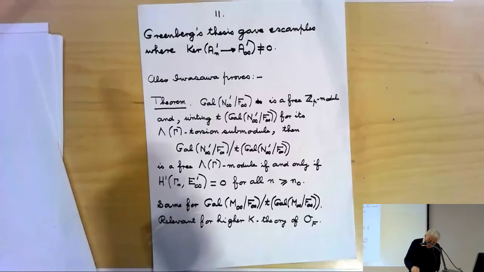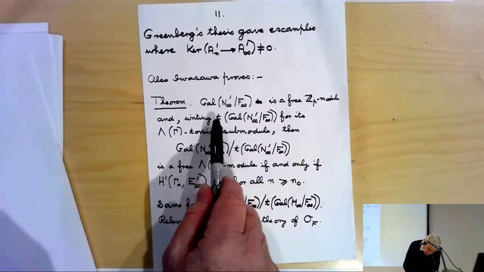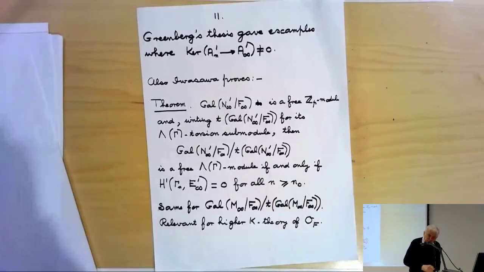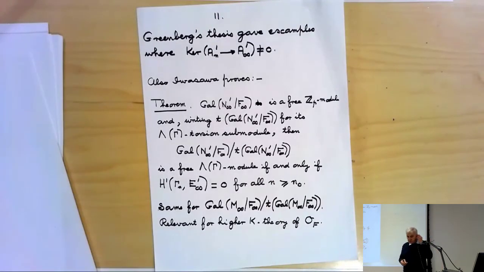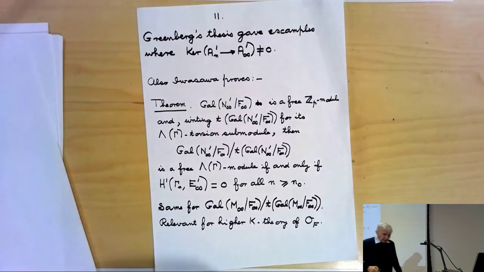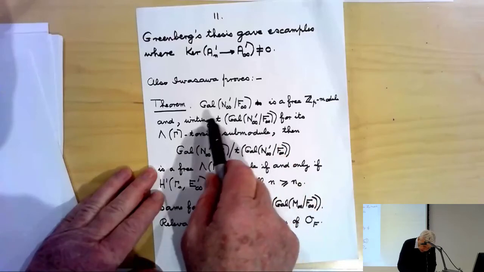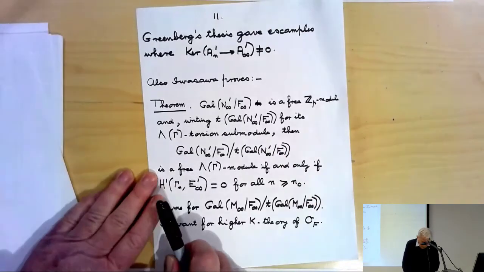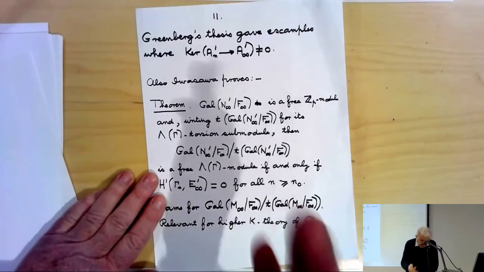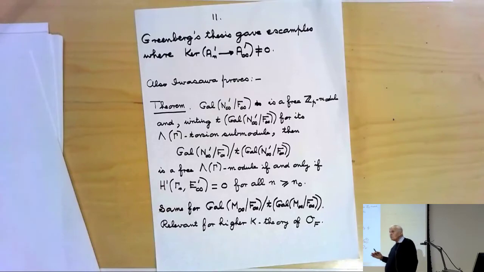You can look at the quotient: let T of this Galois group be the Lambda-Gamma torsion submodule, and if I divide out by the Galois group of N infinity prime over F infinity by this, then by the structure theory it will inject into Lambda-Gamma to the rank, which is r2, because there's no finite submodule in it, with a possible finite cokernel.